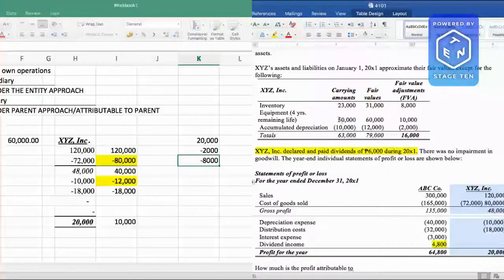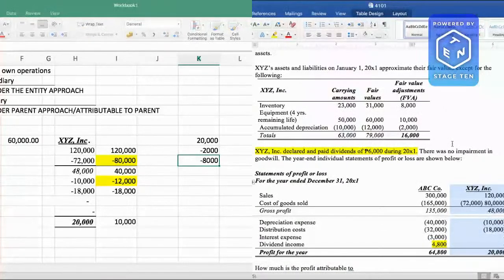Okay, the 50 and the 60 here are not the carrying amount and fair values as of 2001. These are their correct carrying amount and fair value net of depreciation on the first year of the combination, class, is already 40 and 48. So it is the 40 and the 48 that will be divided by 4 years.